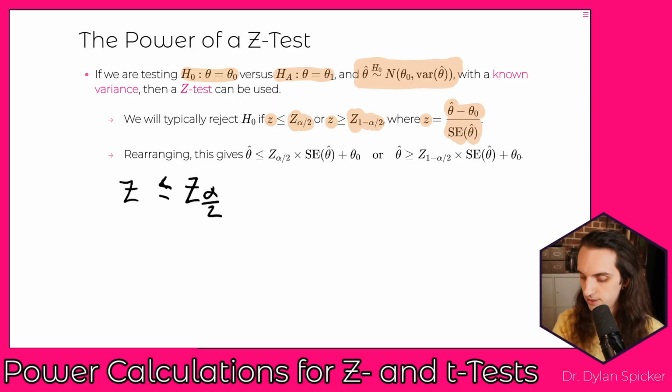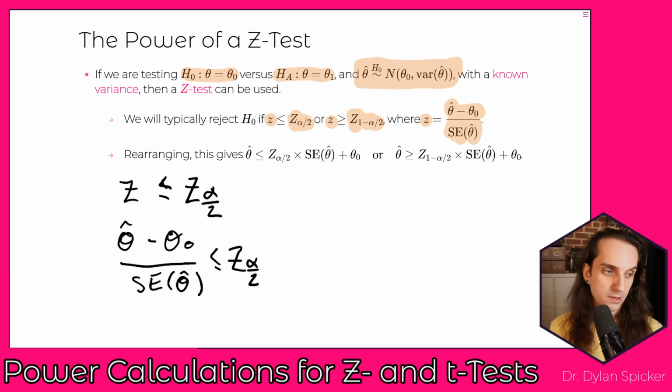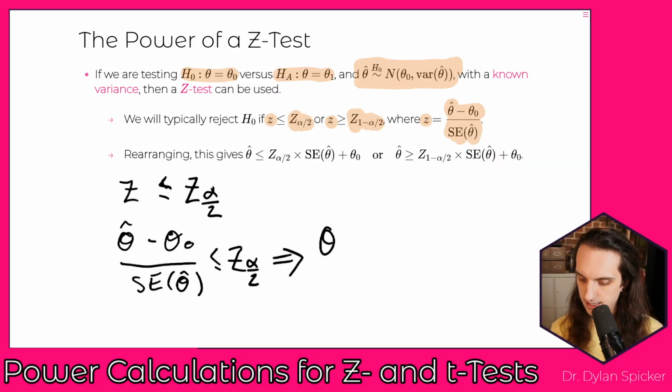And z here is going to be theta hat minus theta naught divided by the standard error of theta hat, right, which we want to be less than or equal to z alpha over 2. We want to try to isolate this for theta hat because that is our random quantity here, right? And so what this is going to tell us is that if we, say, take theta hat minus theta 0, by multiplying by our standard error, we get z alpha over 2 times the standard error.